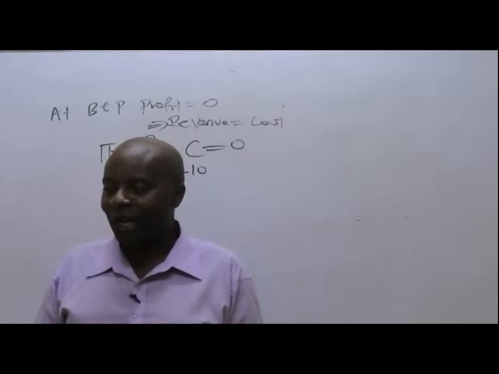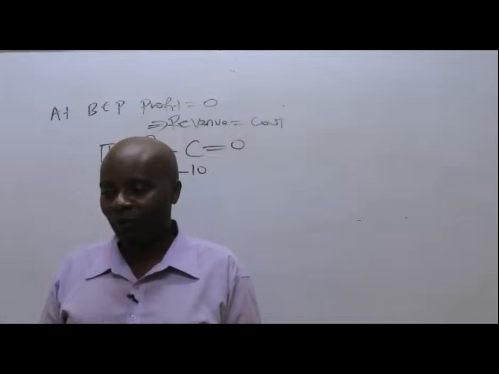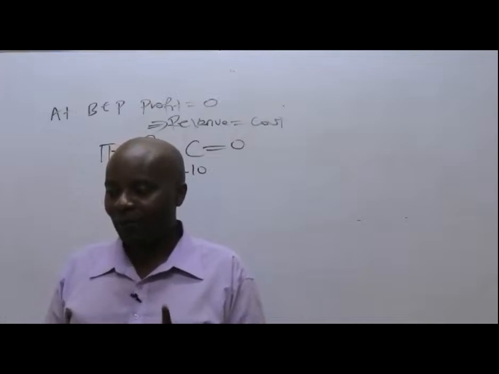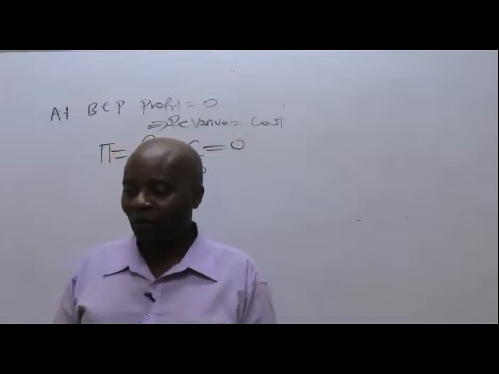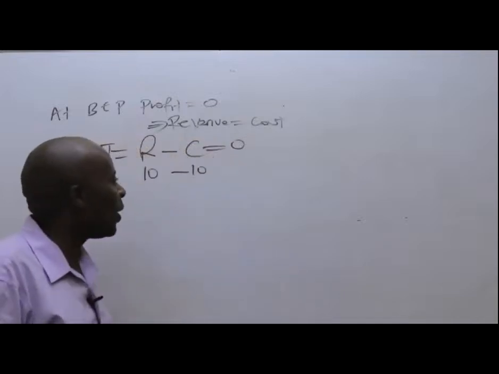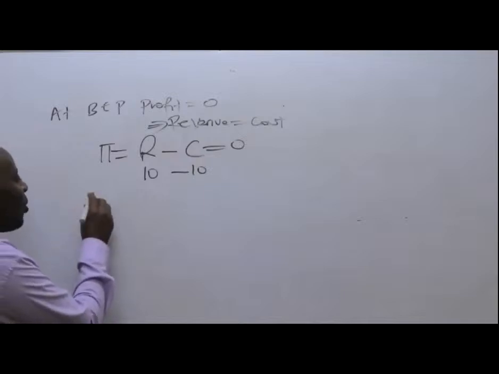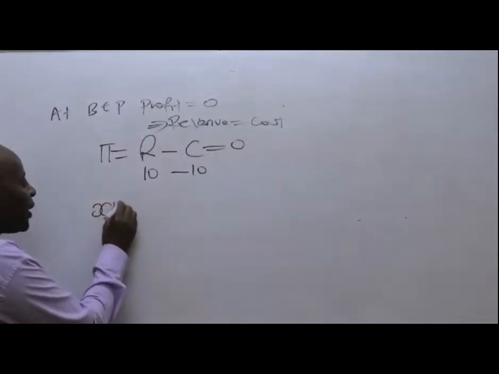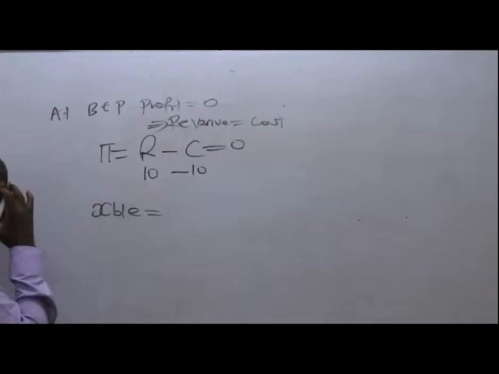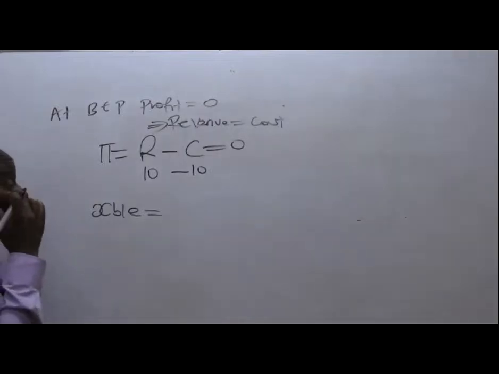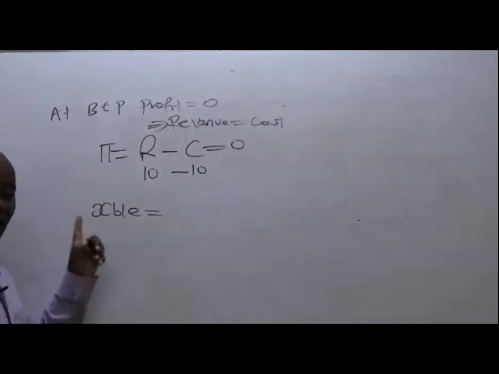And before I lose money for dinner, I would want to write this formula for you. Ladies and gentlemen, when they want me to give them break-even point, this is how I do it. I normally write here X break-even, where X is quantity.